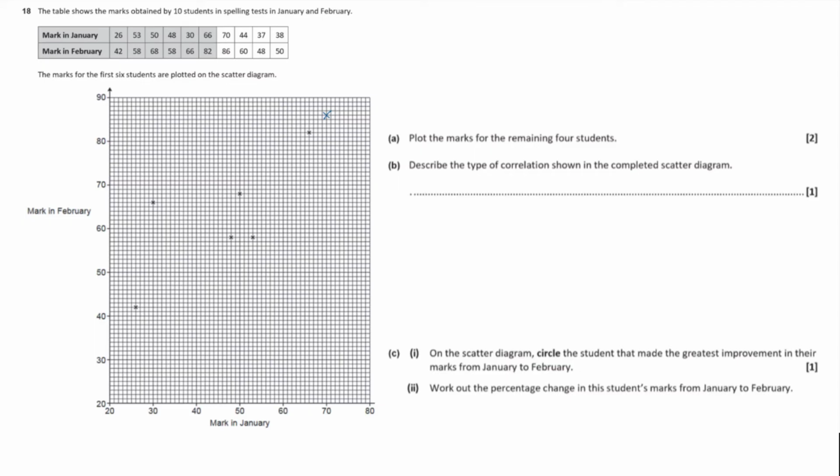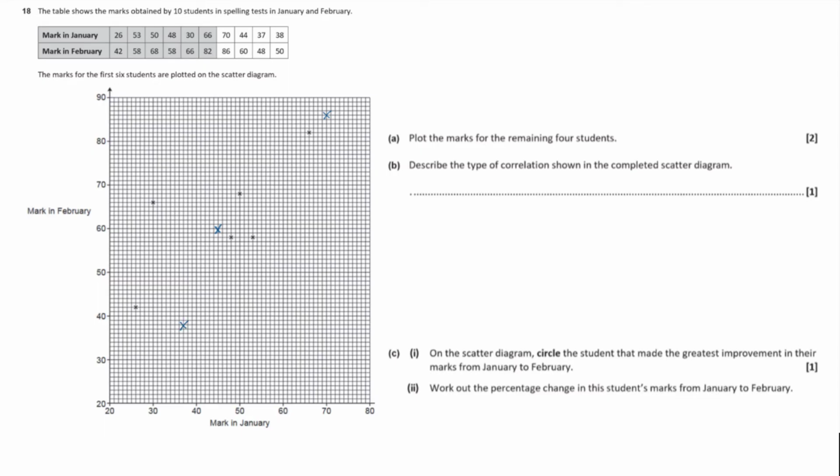Okay, next one is at 44, 60. So 1, 2, 3, 4, 44, 60. I think is there. And then 37, 38 is around about there.